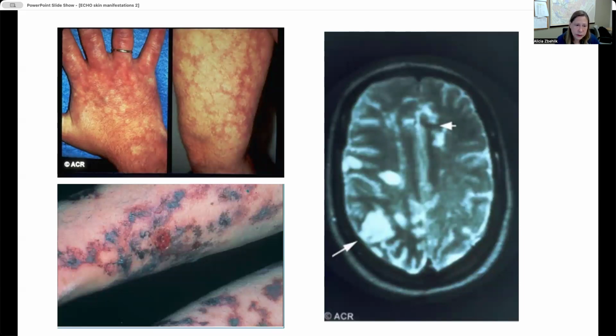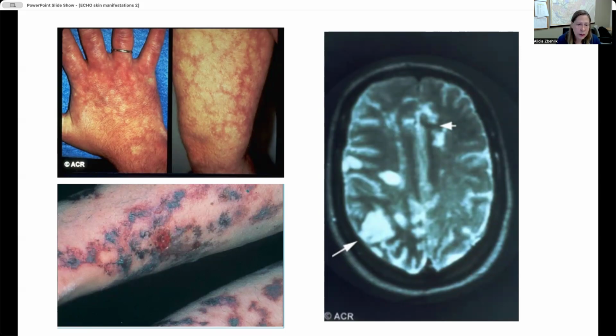And these are pictures of the skin findings. So particularly the left lower quadrant there. You see what almost looks like bruising, but it's purpura in this kind of reticulated pattern that's broken up. And you can see that he's had a hemorrhage.